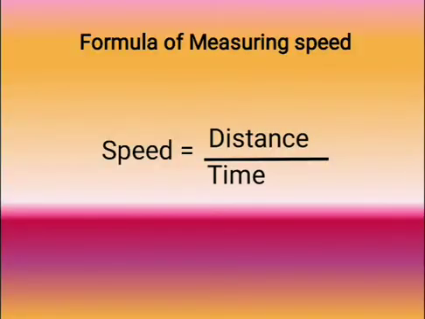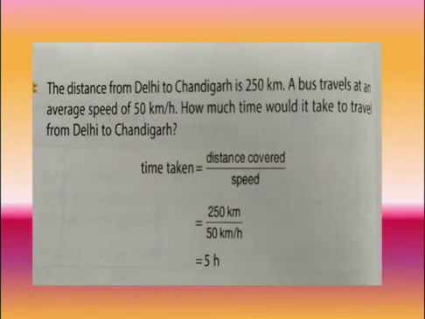From this formula it is also possible to find the formula for time. Just have a view. The time taken is equal to distance covered upon speed. Now let us solve an example on time. The distance from Delhi to Chandigarh is 250 kilometers. A bus travels at an average speed of 50 kilometers per hour. How much time would it take to travel from Delhi to Chandigarh?